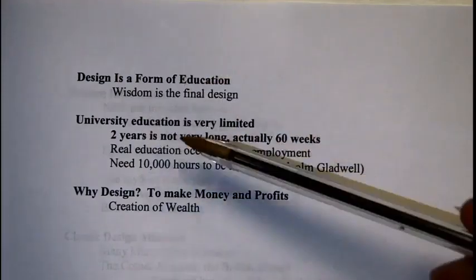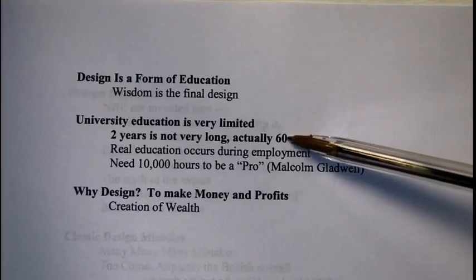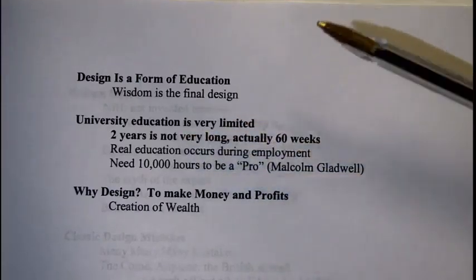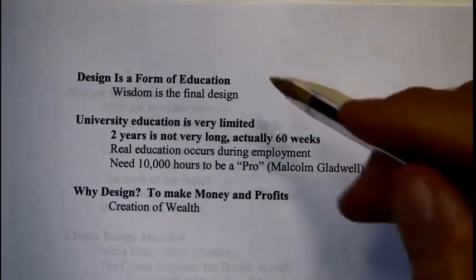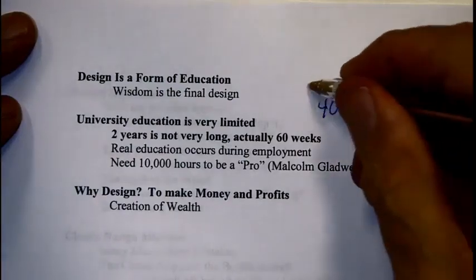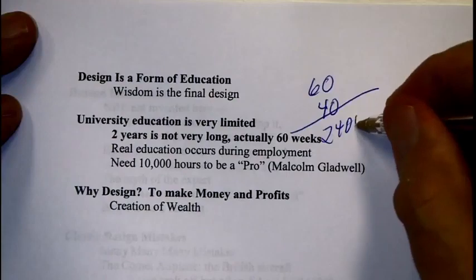But the last 2 years is where the more serious stuff takes place. If I do 30 weeks a year, 2 years, I get 60 weeks. If I have a serious student, maybe the student will work 40 hours a week for 60 weeks. I get about 2,400 hours.